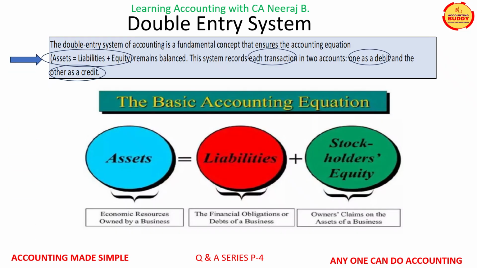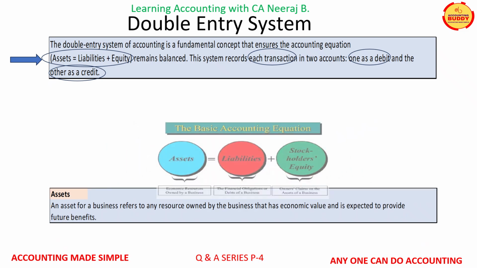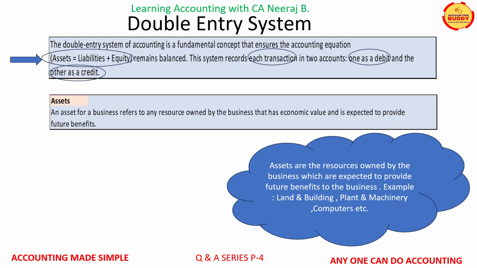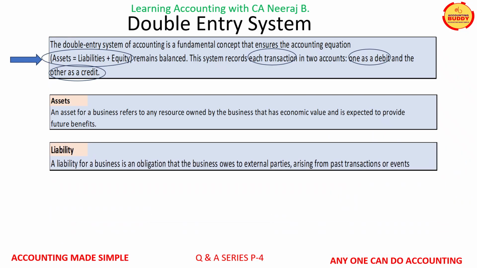Let us further understand the meaning of the words assets, liabilities, and equity. First, assets. Assets are resources owned by the business that are expected to provide future benefits to the business. Now the liabilities. Let us understand the term liability with an example.